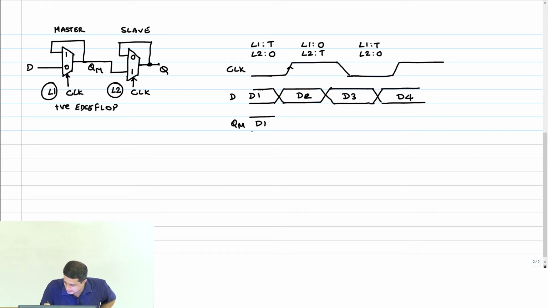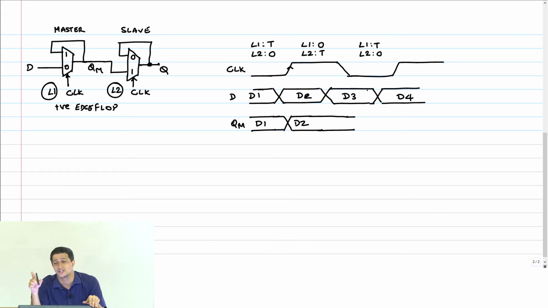I'm not going to worry about the contamination delay right now. I'm just going to make it like this, D2. QM will now change to D2. What happens to the change of D2 to D3 for L1? It will remain, because now L1 has become opaque, right? And therefore it's going to keep D2 all the way until L1 becomes transparent again in the 0 cycle.